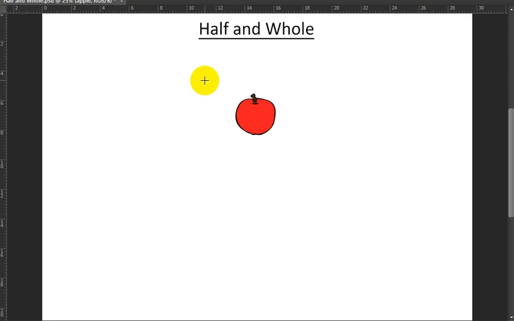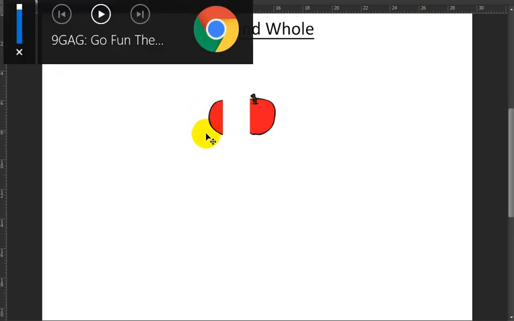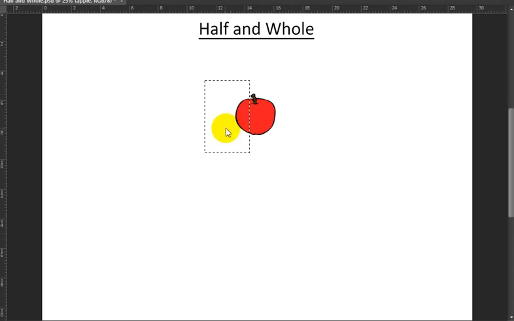Okay, so let's do an example of that. I'm not going to take just a small piece of it because then look, this piece is much smaller than this. They're not the same, so I didn't cut it in half here. I need the piece that I'm going to take to be the same as what's left.